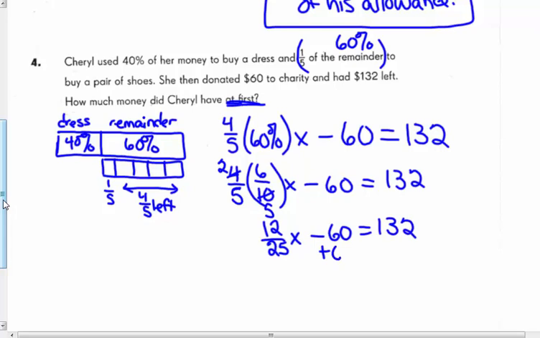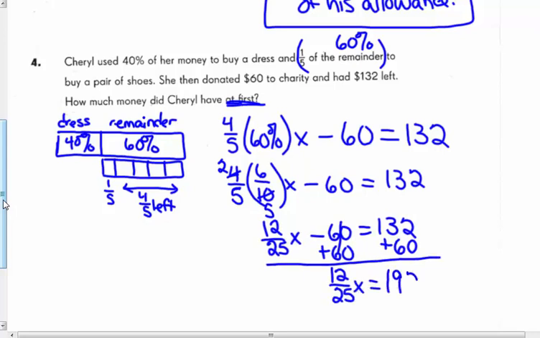If I add 60 to both sides, I get 12/25 of what number is going to give me 192. Wow, this is definitely like a bonus question. Dividing by 12/25 on both sides is like multiplying by the multiplicative inverse, 25/12. I would never ask you one this hard.